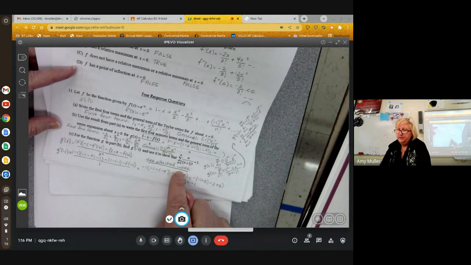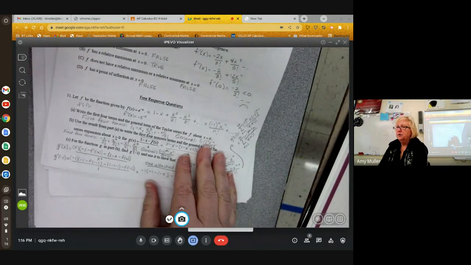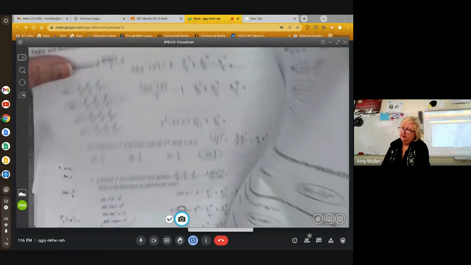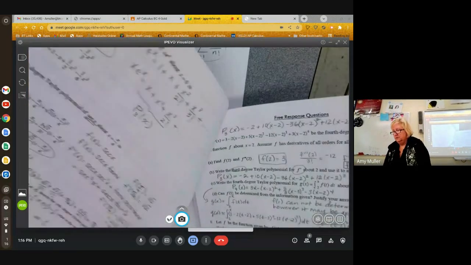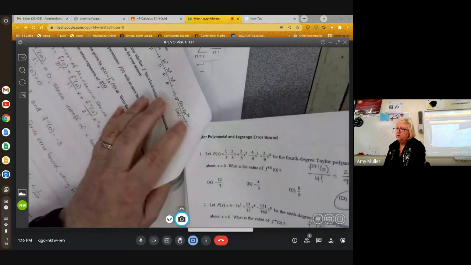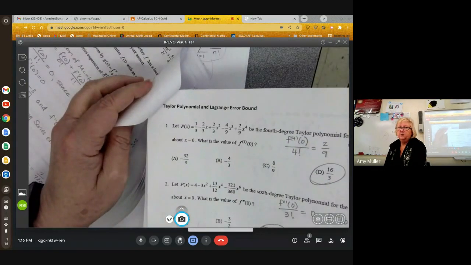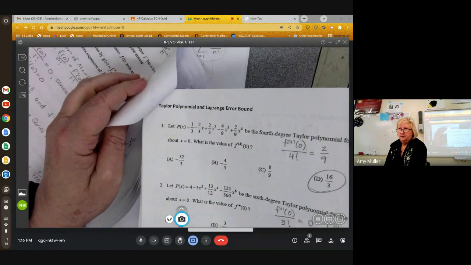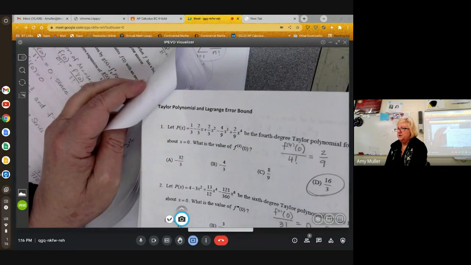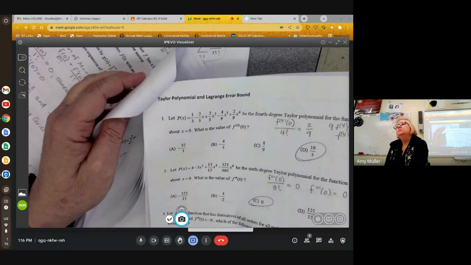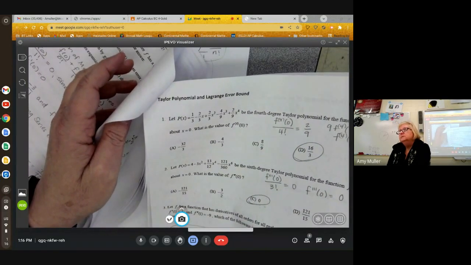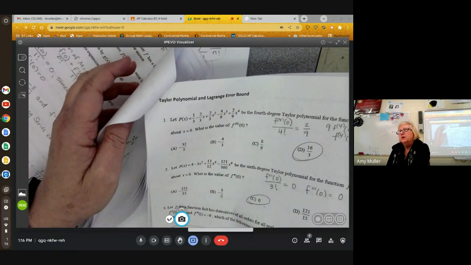Which number? It's number 11 on the Taylor polynomial and Lagrange error bound. I don't know what page, they're not numbered. Number 11. It's at the bottom of a back page.